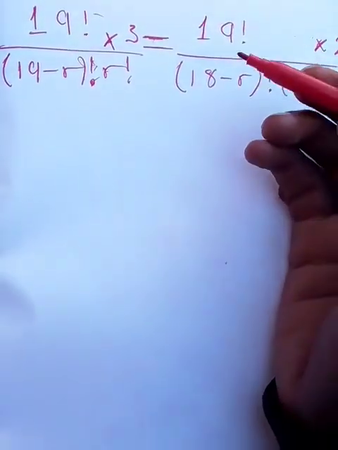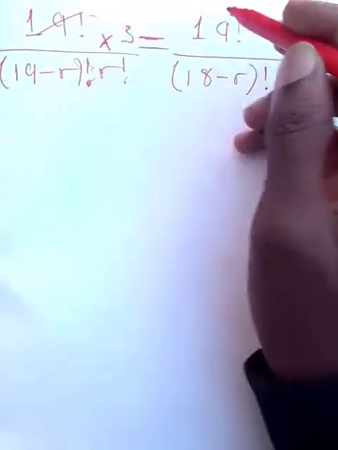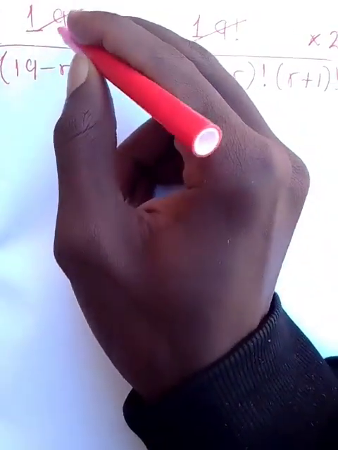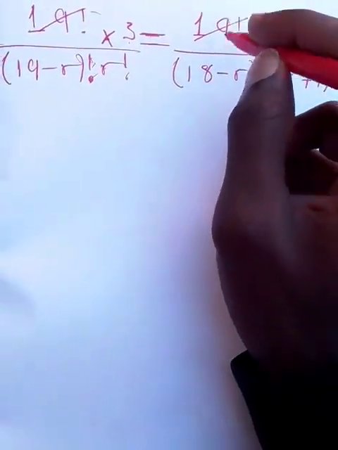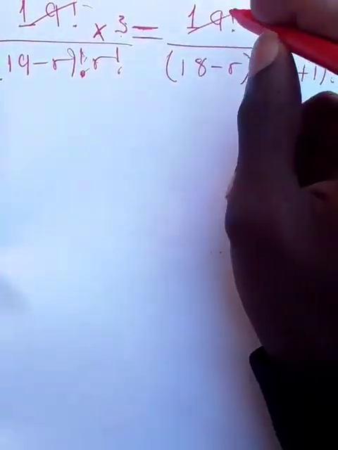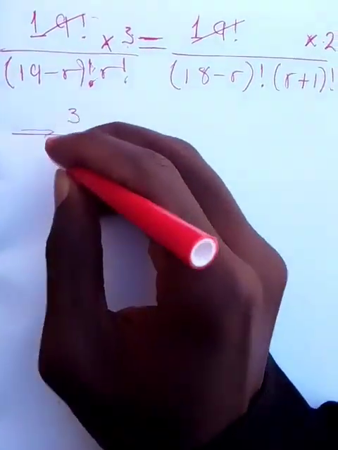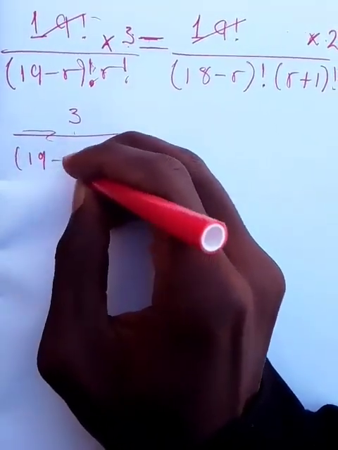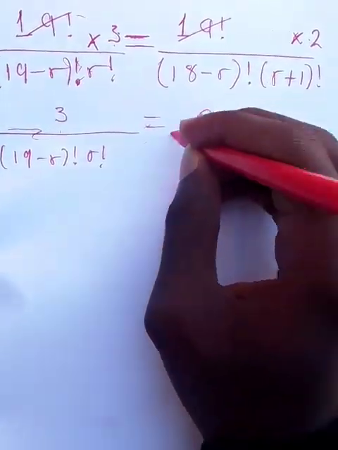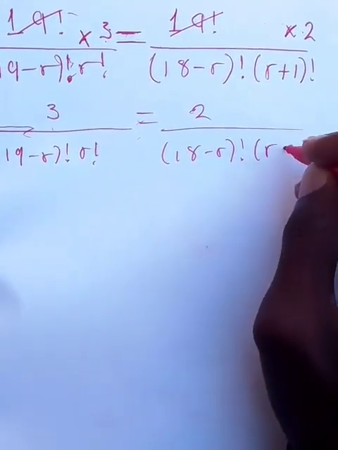The first thing found on both sides is 19 factorial, so I'll cancel it out. When I cancel it out, there is 1 remaining. So 3 times 1 will be just 3, and 2 times 1 will be 2 here. So I'm now going to have 19 minus r factorial being equal to 2, 18 minus r factorial, r plus 1 factorial.